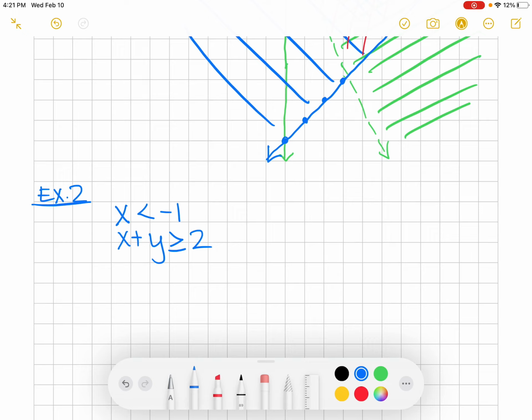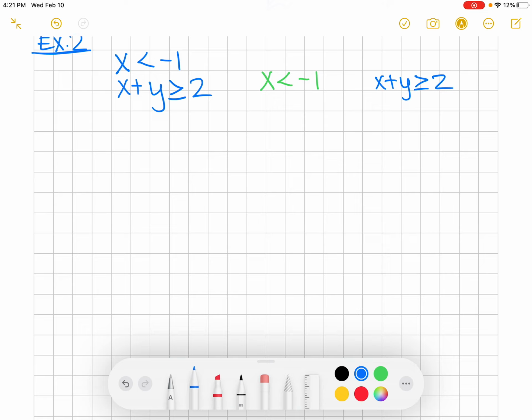Sorry, I didn't have these ready. Okay, so there's my two equations. I'm actually going to rewrite them with color. So x is less than -1, and x plus y is greater than or equal to 2. That way, those are the ones I'm going to graph. I'm going to graph the first one in green and the second one in blue.